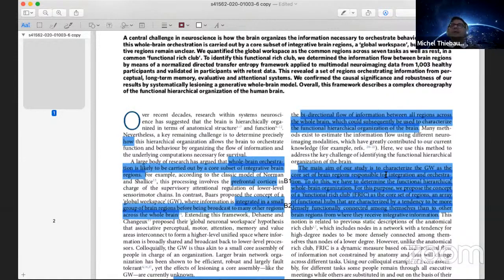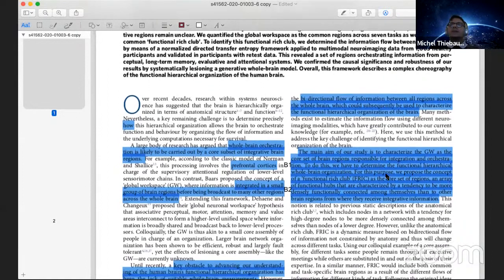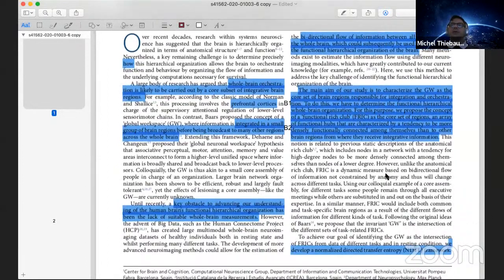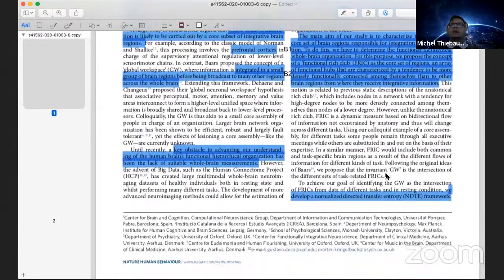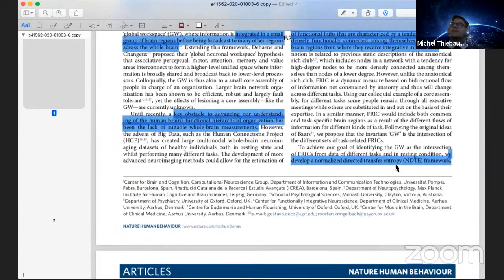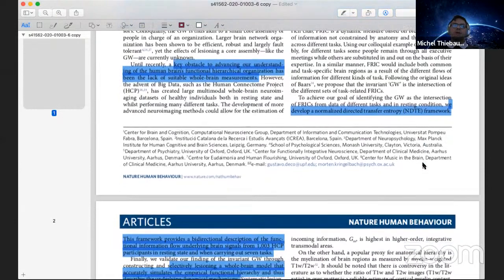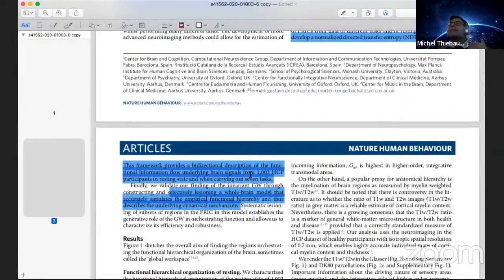And they do that using an information theory approach, which is a directed transfer entropy framework that allows them to assess bidirectionally how the information goes in the brain. Does it get in the region? Does it get out of the regions?